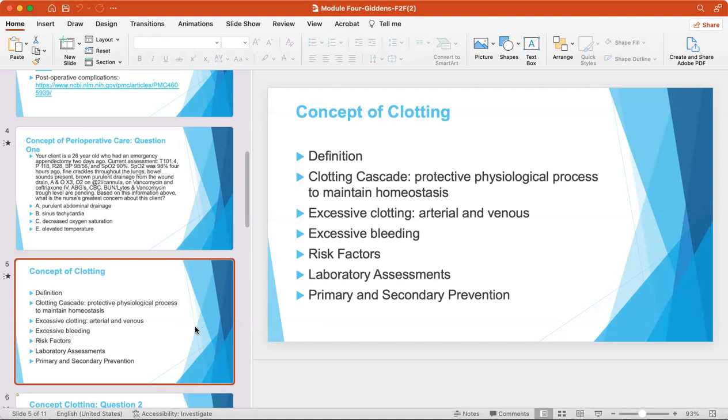The second response is triggered by a damaged blood vessel, and it's a formation of a platelet plug. So platelets are activated and stick to the injured blood vessel because of a protein called von Willebrand's factor, which is also a genetic disorder.